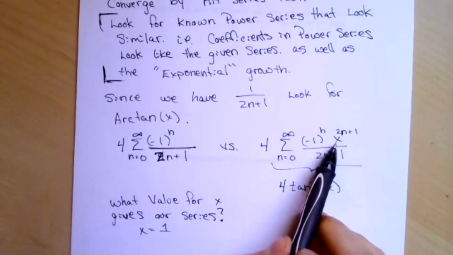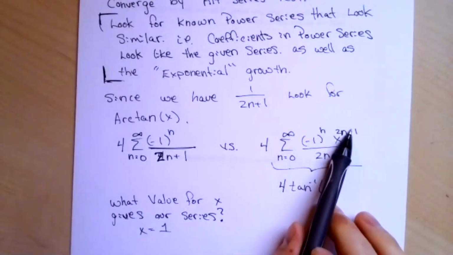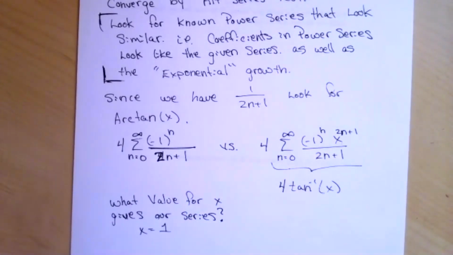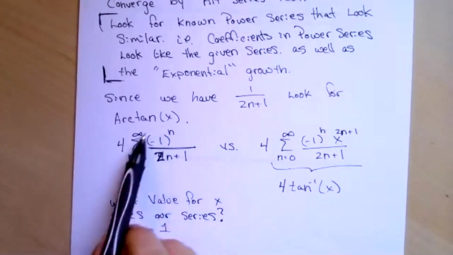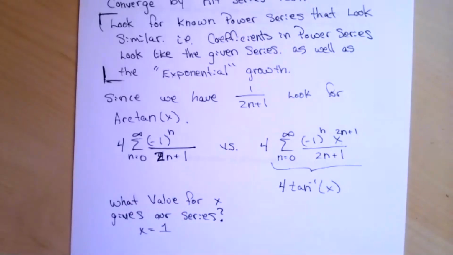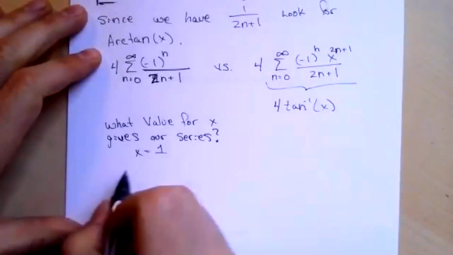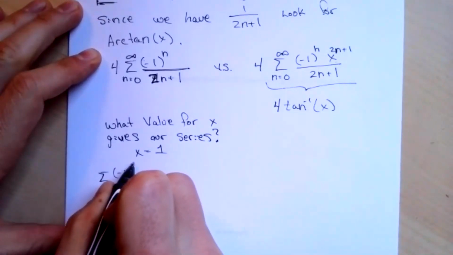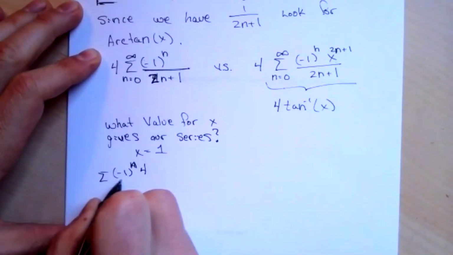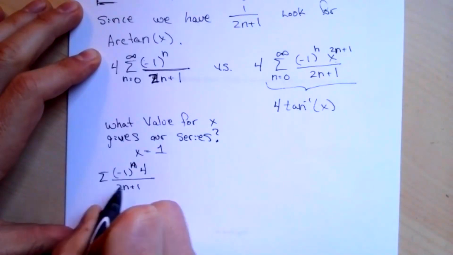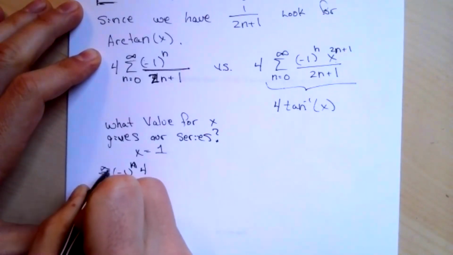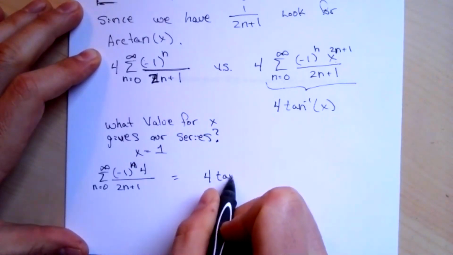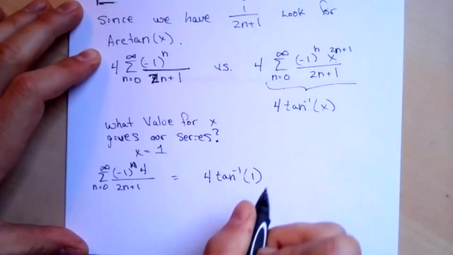If x is always 1, 1 to whatever power is always going to be 1, and so this term just goes away when x is 1. And we are just left with our coefficients. Meaning that this series is just going to be 4 times arctangent of 1.